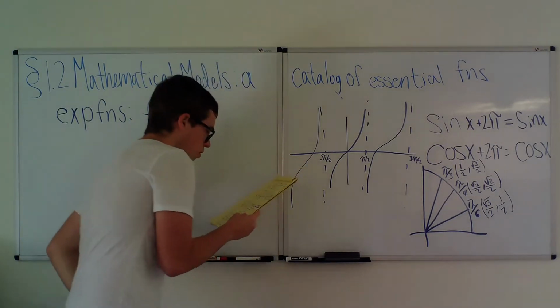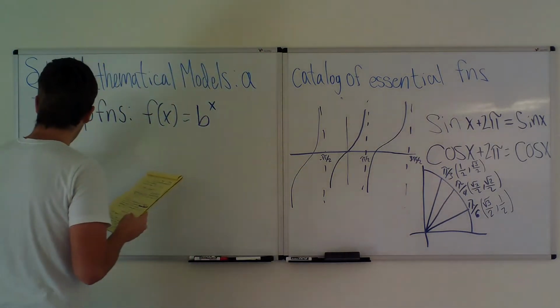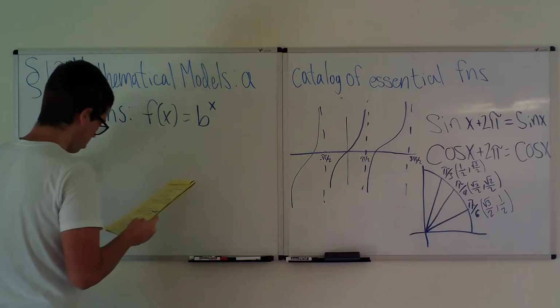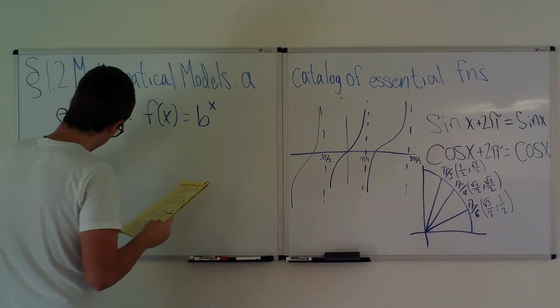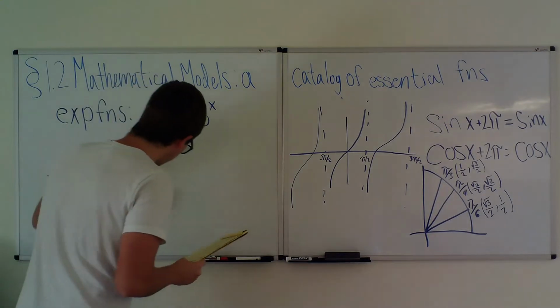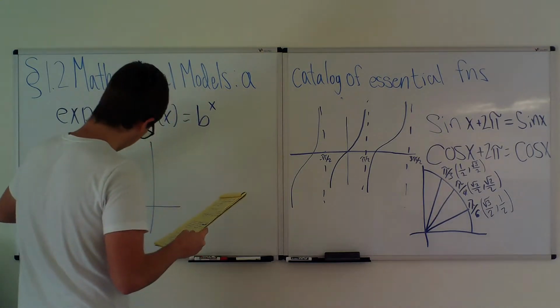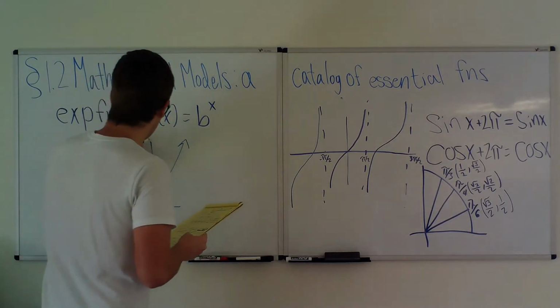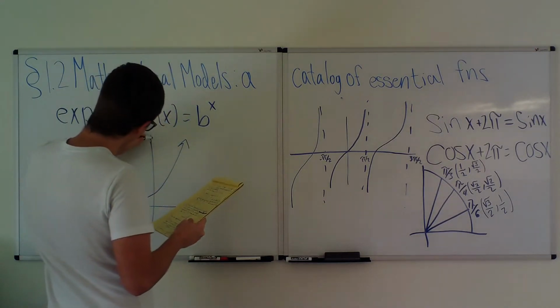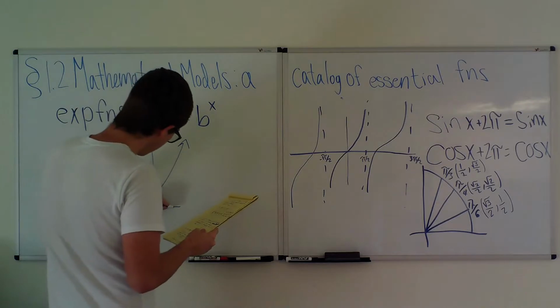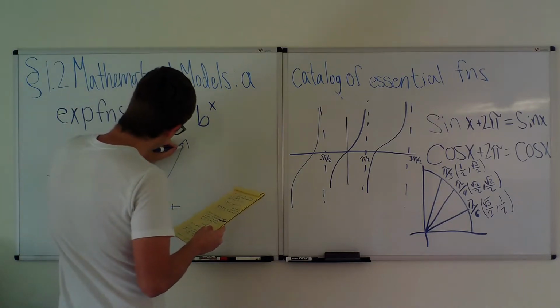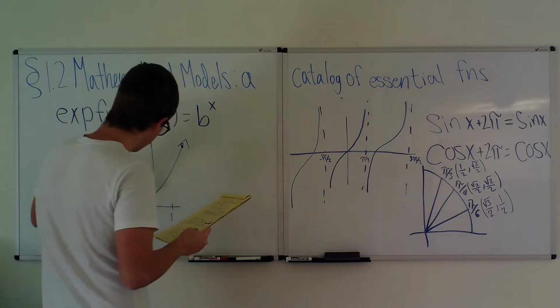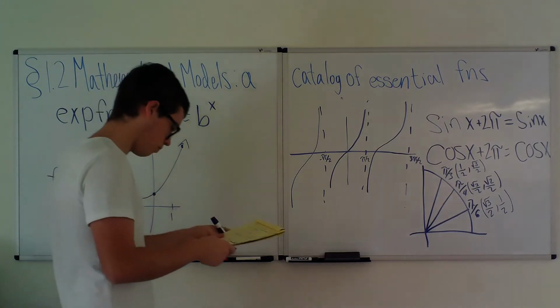So f of x equal to 3 to the x would look something like this, where the graph passes through the point 0, 1.